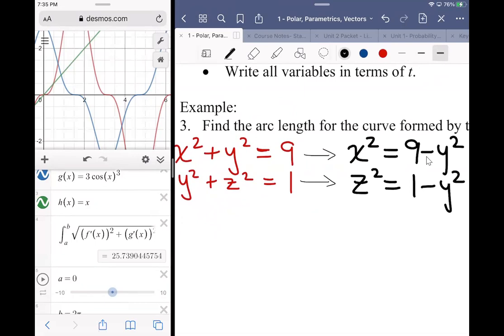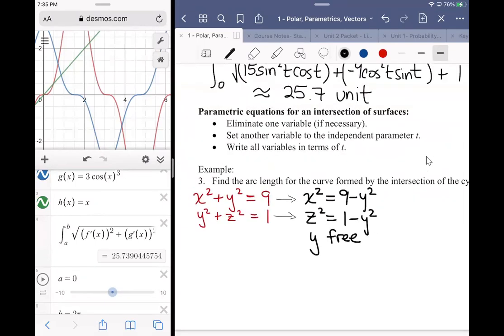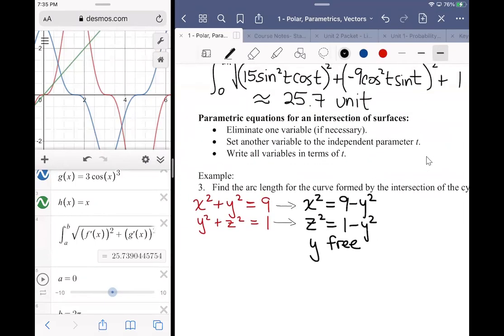So x and z are in terms of y. That would make y the free variable. That's kind of nice. Right? And there's a little bit more to it than that, because I need x equals, so I'd have to root both sides. Same thing for z.